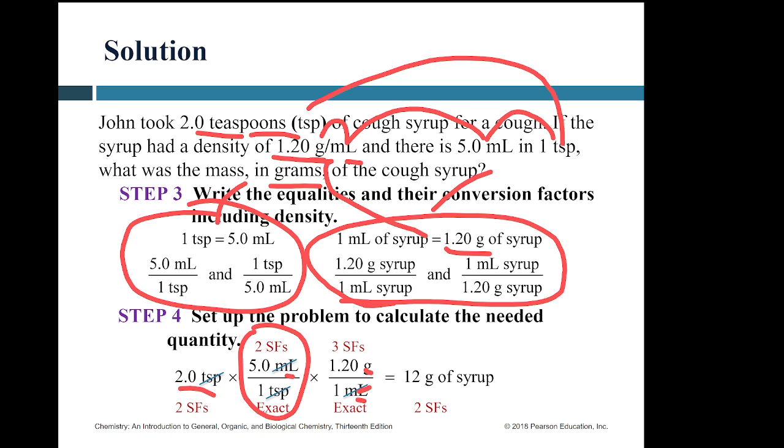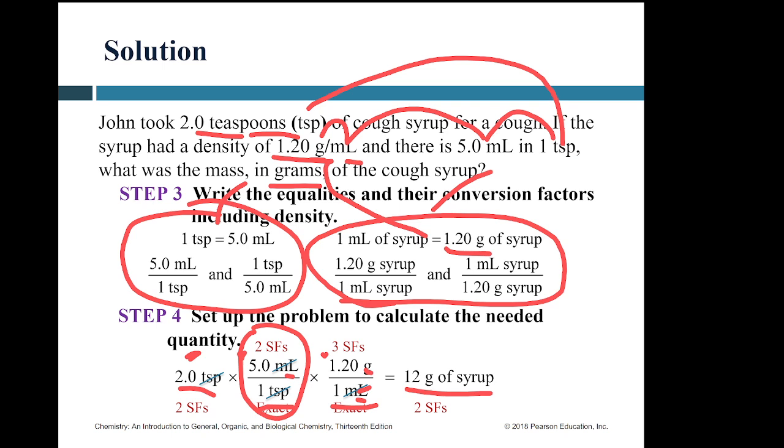Now, notice that this is going to cancel everything out but grams, and that will leave me in grams. I know I'm going to get the right answer. I just have to go through this times this times this divided by 1, which is the same thing. You don't have to divide by one. I'm just expressing that there are ones down here. Dividing by 1 doesn't do anything. It's just to get rid of the milliliters.